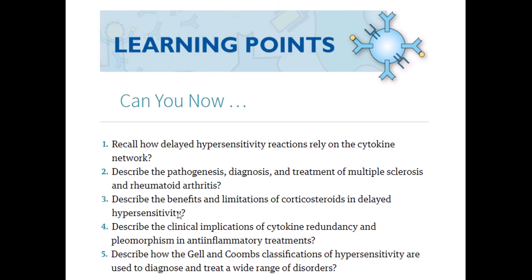When we talk about the different types of hypersensitivity, type 1, 2, 3, and 4, this is what we call the Gell and Coombs classification. You have to know those every time we talk about any hypersensitivity reaction and how we use that to make a diagnosis and treatment of that particular disease.